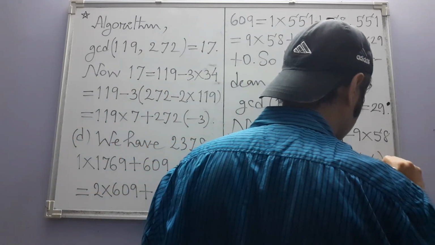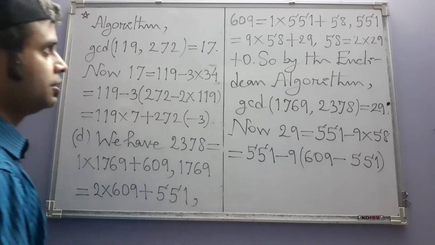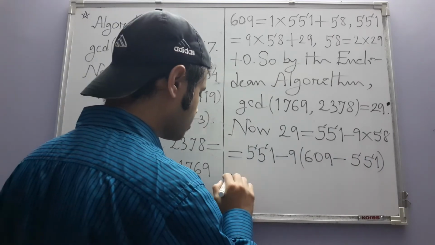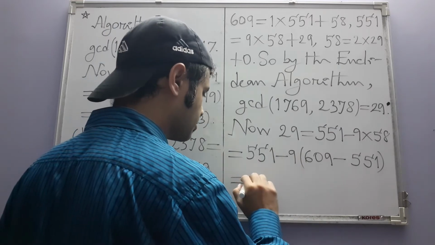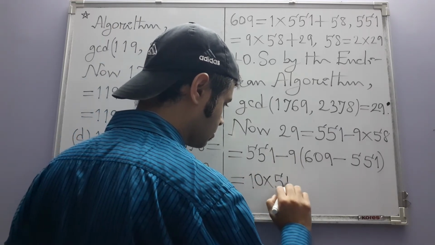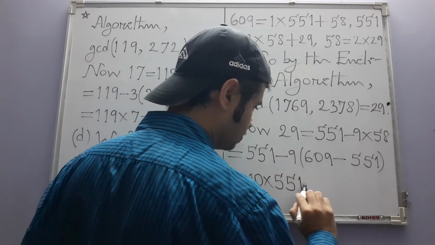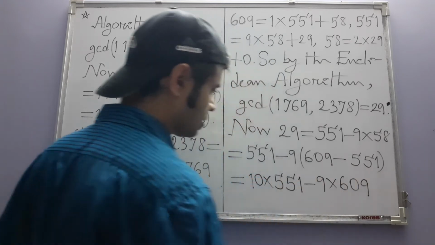See, I already was going to make a mistake. This is 551. Okay, so this becomes 9 plus 1, so 10 times 551 minus 9 times 609.